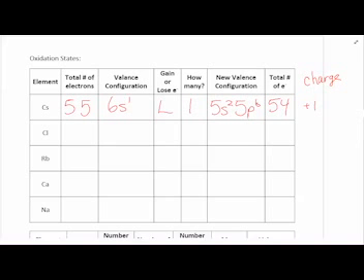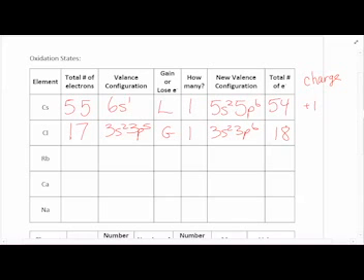We're going to do the same thing for the next one. Chlorine has 17 electrons because it has its atomic number of 17. My valence configuration is going to be 3s2, 3p5. So instead of losing 1 like cesium did, chlorine is going to gain 1. So my new valence configuration with that additional electron is going to be 3s2, 3p6 for a total of 18 electrons.